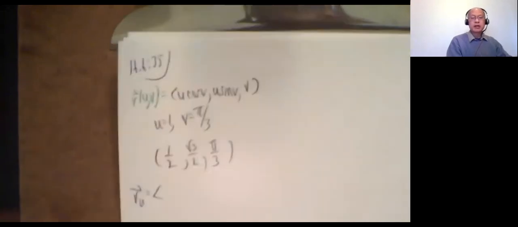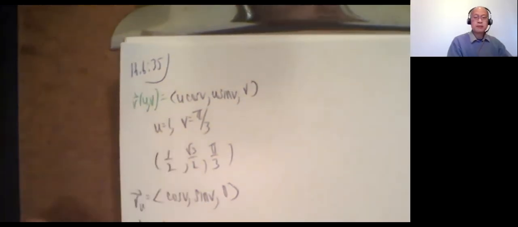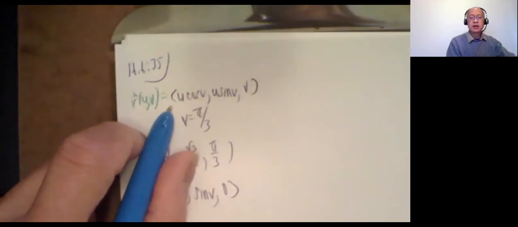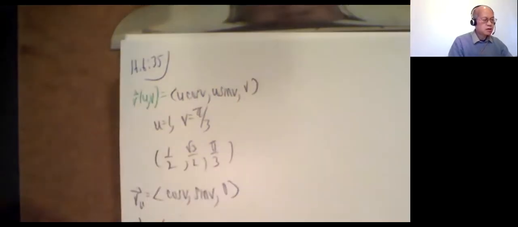Okay, so I need r sub u, derivative with respect to u: cosine v, sine v, 0. r sub v, derivative with respect to v: negative u sine v, u cosine v, 1.